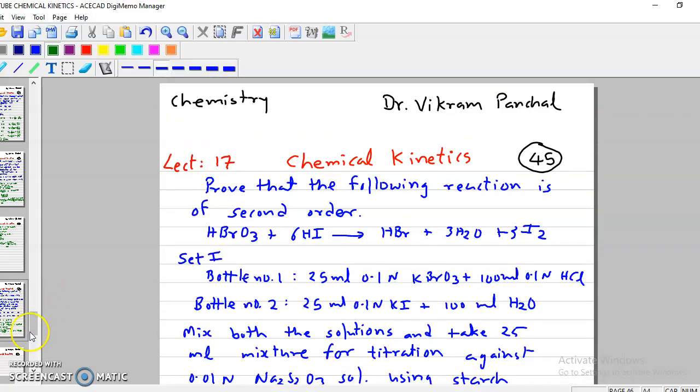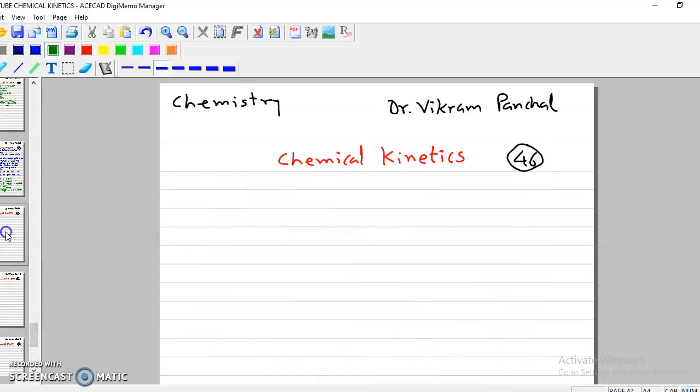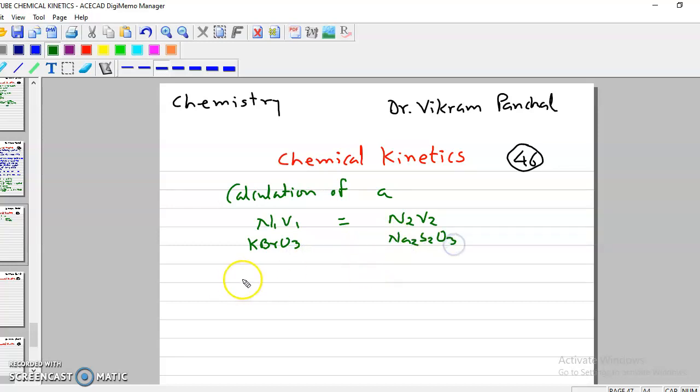Now let us calculate small a, that is the volume of KBrO3. So for calculation of a, we write N1V1 is equal to N2V2. N1V1 is for KBrO3 and N2V2 is for sodium thiosulfate, which we take in the burette.